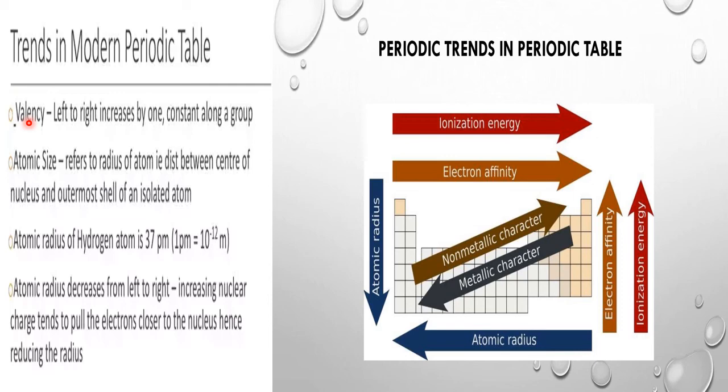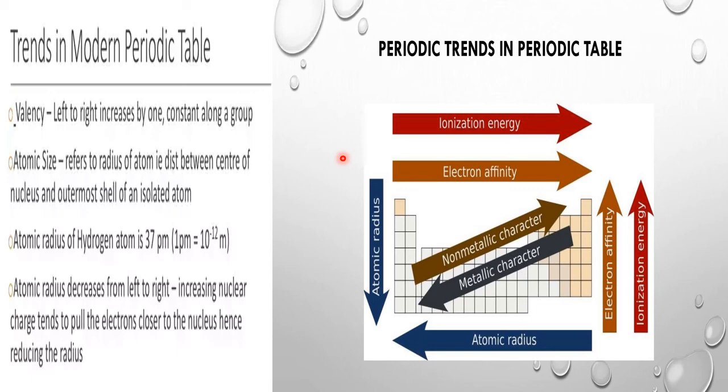Now, when you see the modern periodic table, if you move from left to right, what happens to valency? Valency increases by 1. Hydrogen 1, helium 2. In the second period, lithium 1, then beryllium 2, aluminum 3. So if you move from left to right, valency increases by 1.